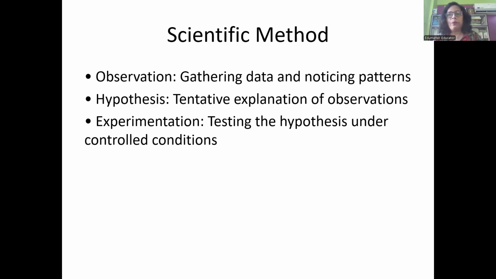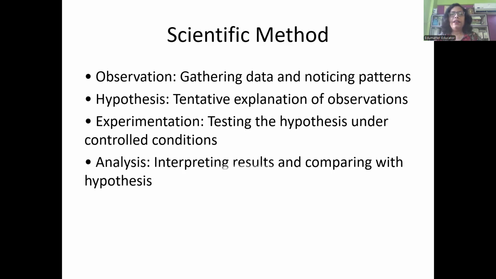So, to see whether the hypothesis is correctly framed or it is wrong, experiments are needed to be carried out. So, whatever phenomena is observed happening spontaneously, now they should be carried out under controlled conditions.